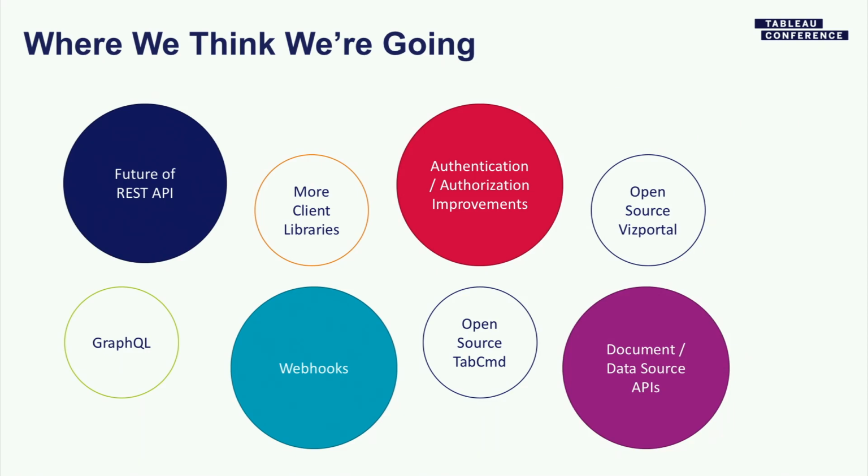The document API is basically a very thin layer over doing the XML editing. What we're looking at in the future is a more complete editor, giving you the ability to edit more things. If that's something you're interested in, that's one of the things we're thinking about: what if we can allow you to directly, via API, make modifications to a workbook or data source, even run just on the server, change columns, change things like that.